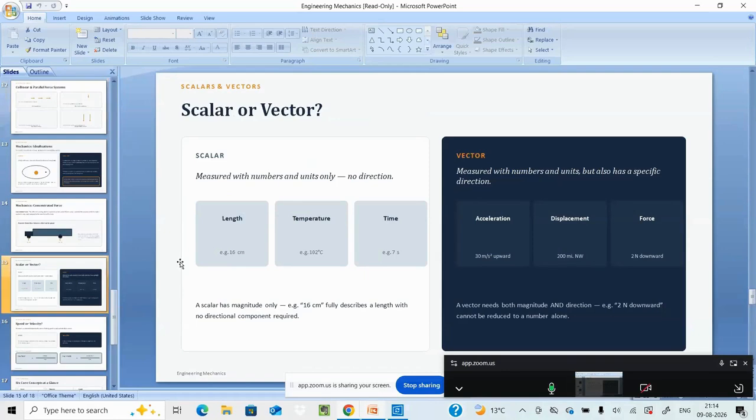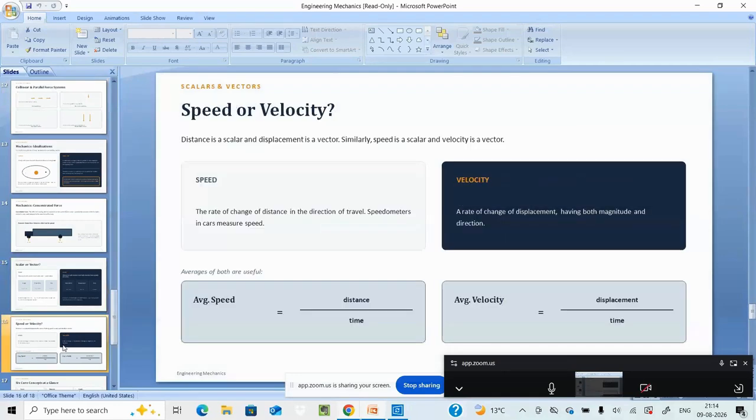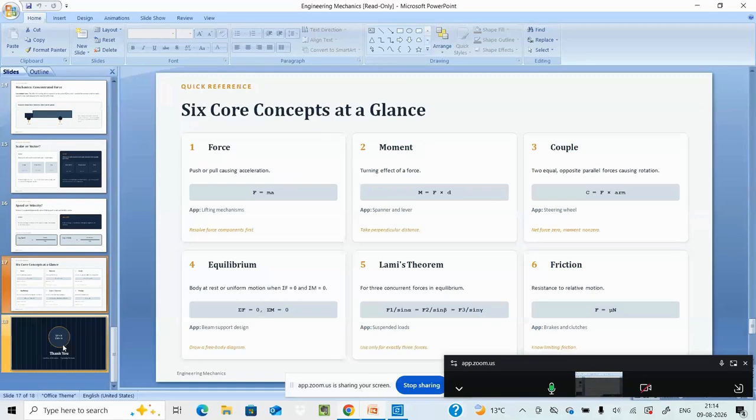So scalar or vector we have seen, speed and velocity. Now, as I told, six core concepts at a glance: force, moment, couple, equilibrium, Lami's theorem, and friction, and the formulas for the same are given.